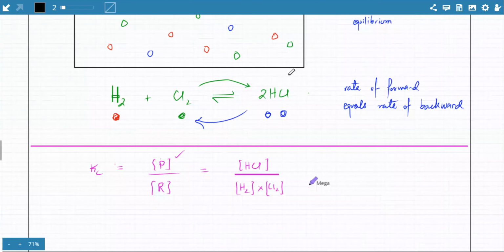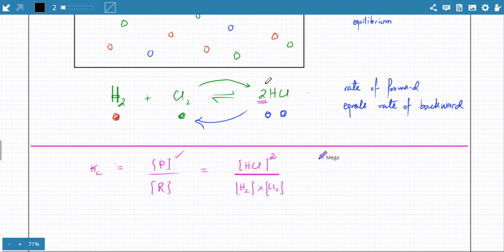Now, one thing that I did not write over here is that I had two molecules of HCl. Now, when you have two molecules of HCl in the expression for Kc, if it's two molecules, then the coefficient becomes the exponent. You're going to write HCl squared.